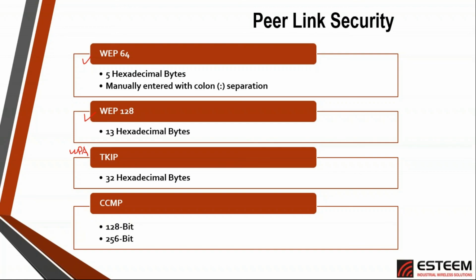Same thing with CCMP, which is the mechanism used for WPA2, the functioning form of AES. So really, if we look at security, we have the same levels, WEP, TKIP, up to CCMP. The only difference is we don't want to call it the same because it's working on a proprietary link.